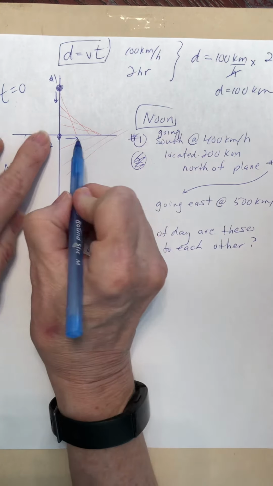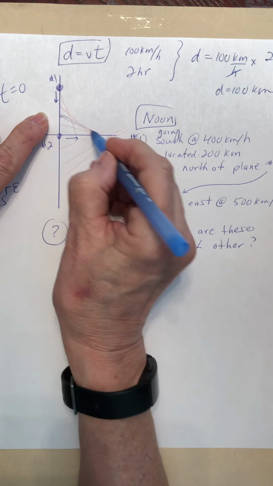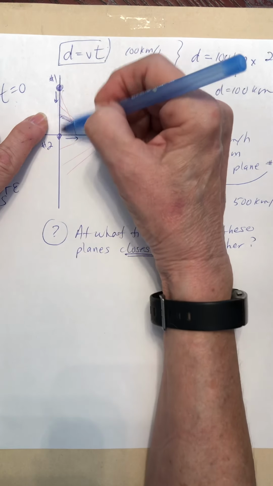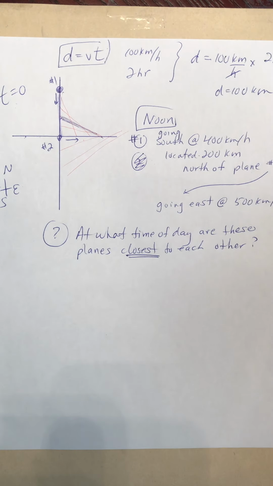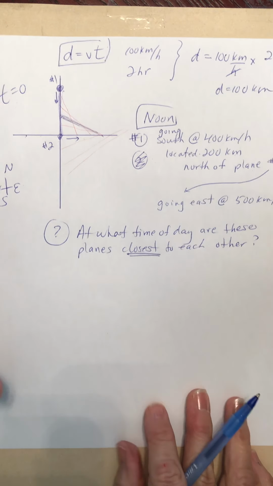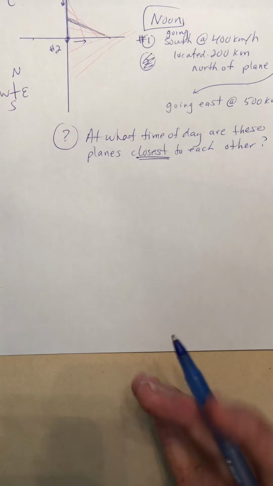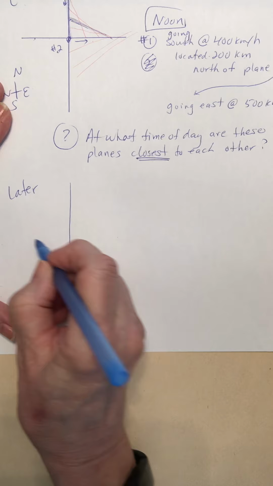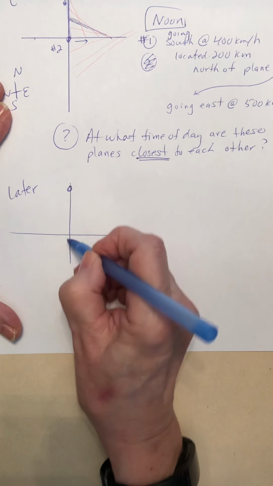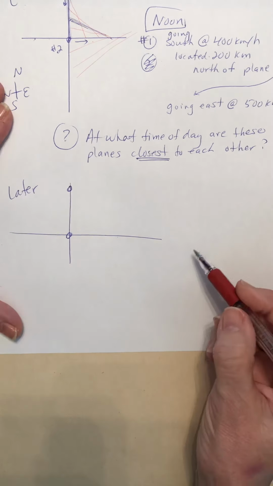At some point, maybe it was the scenario right here. Maybe this distance is closer than this distance. So again, we're looking at a distance formula. So this was the initial situation, but a certain time later. So this is later. I don't know exactly how much later. Now, here was the original, but here's where we're at now.